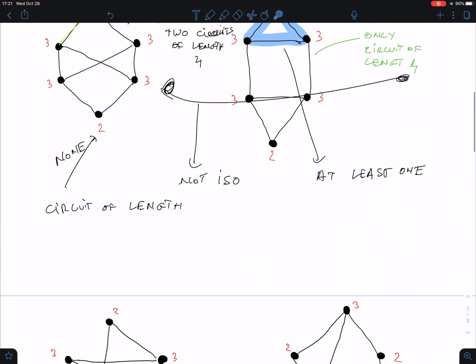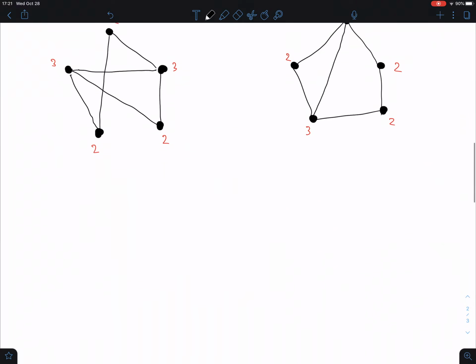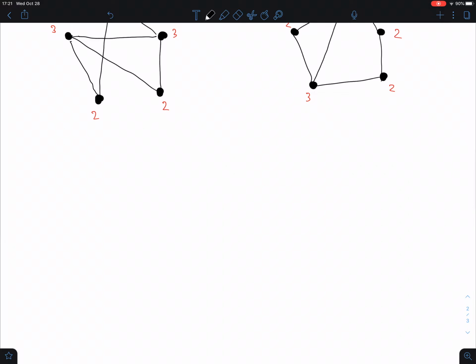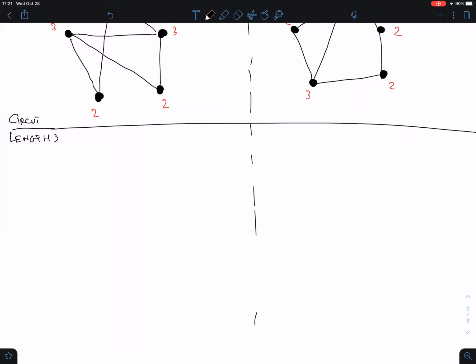Now about circuits. How do you do this? Well, we look for circuits of length 3. Let's list the circuits of length 3. Now this is a bit of work. Let me make the table a little bit more this way. So here we have this division line between the two, the circuits of length 3 for both.